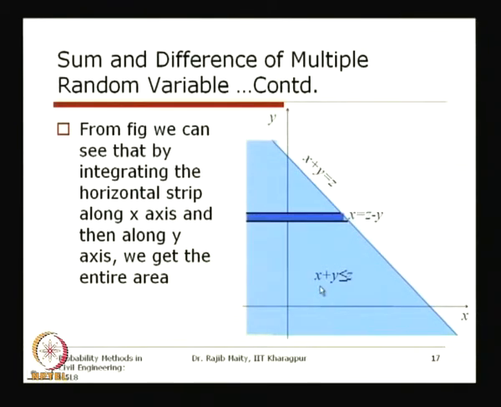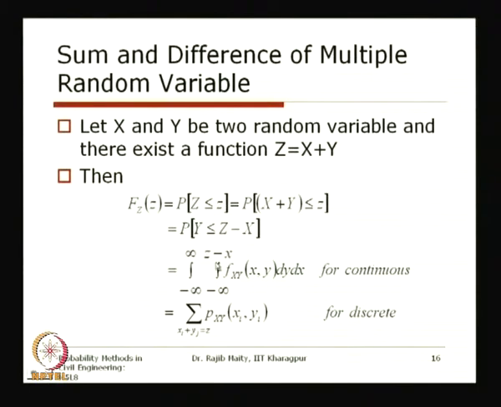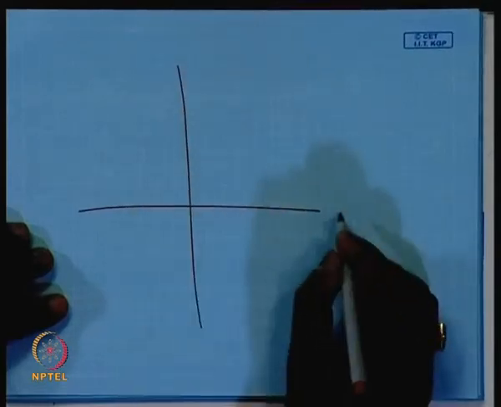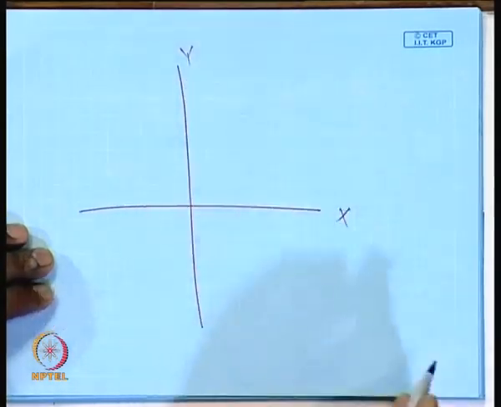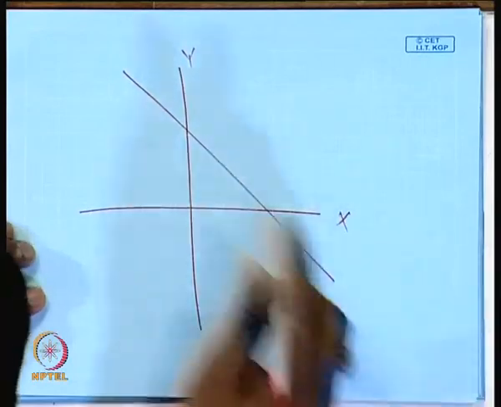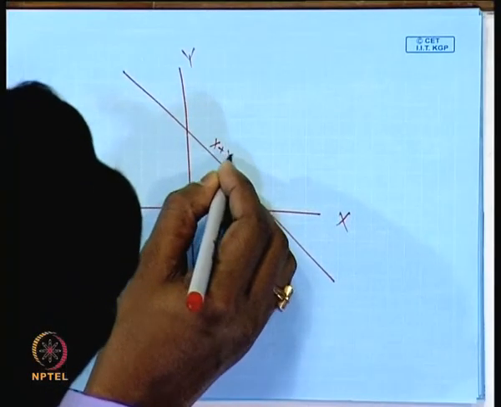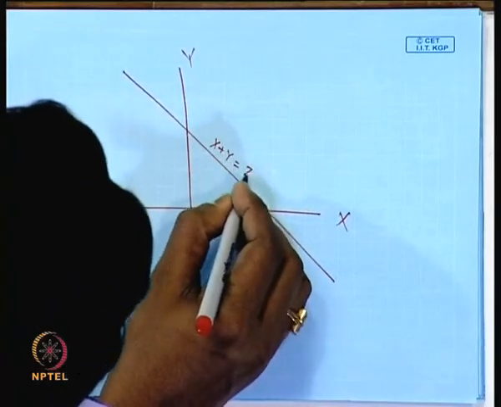So, for that range, and for x, you can see that it is from minus infinity to plus infinity. Basically, the diagram should have been shown taking the strip like this, because here the limit that is written is z minus x. If you see here what I am talking about, suppose these are the two axes, one is x and the other is y, and what we are looking for is this line where x plus y is equal to z.